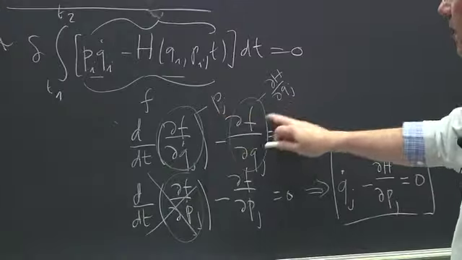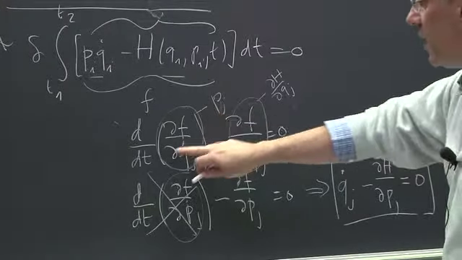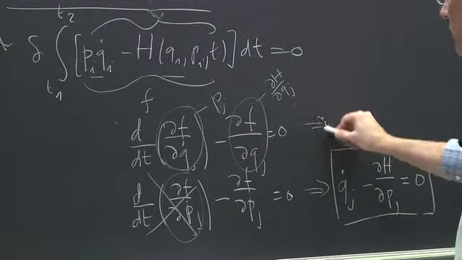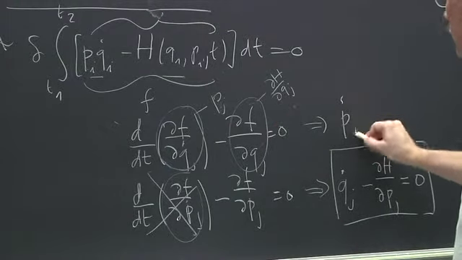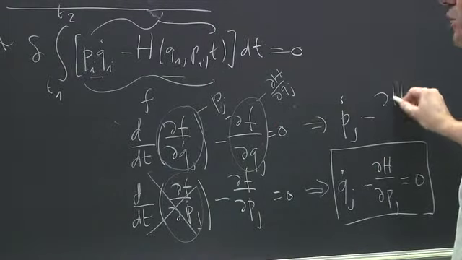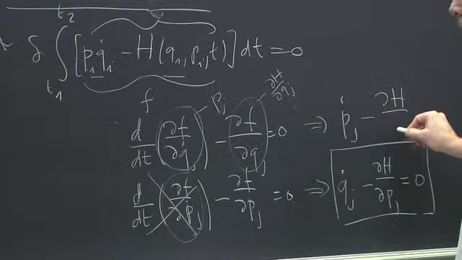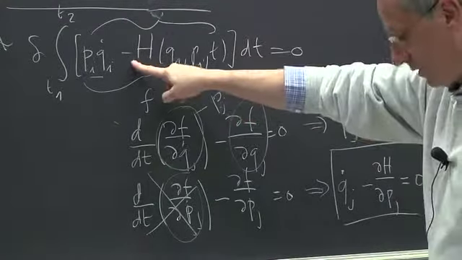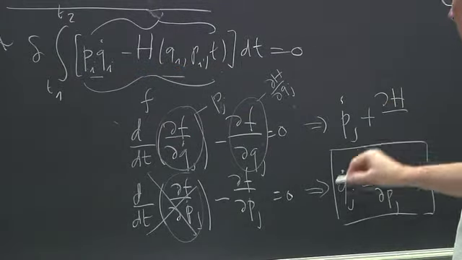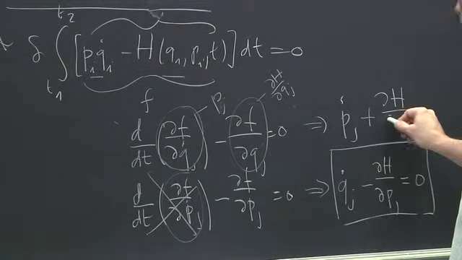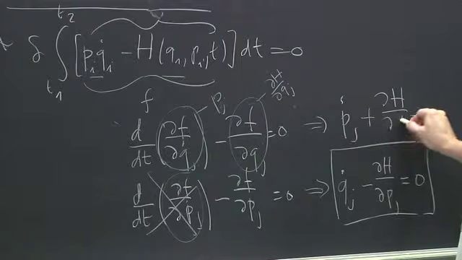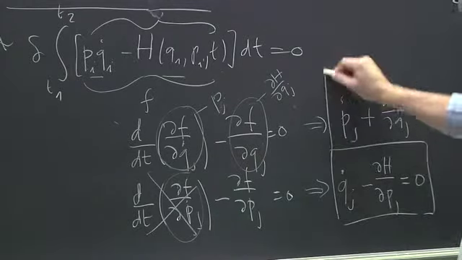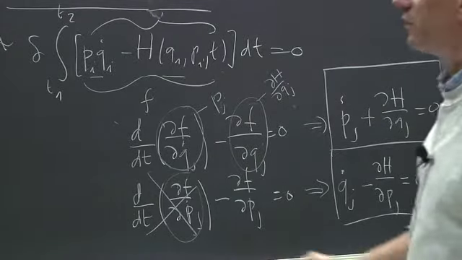And this one here, you see this is P_j, so you have P dot_j minus dH... Actually, there is a minus here, so it becomes a plus, dH dq_j equal to 0. That, I guess, is this one here.